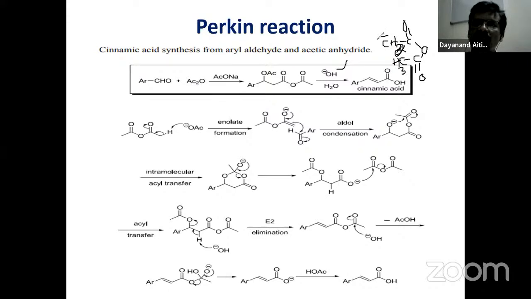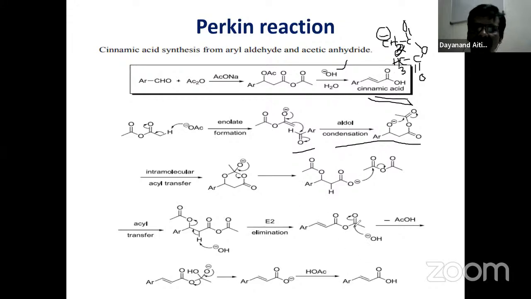Now this CH2 minus is attacking this aldehyde part. This is same as that of aldol condensation. Final product is cinnamic acid. Very important. You must remember the structure also of cinnamic acid. COOH is formed.